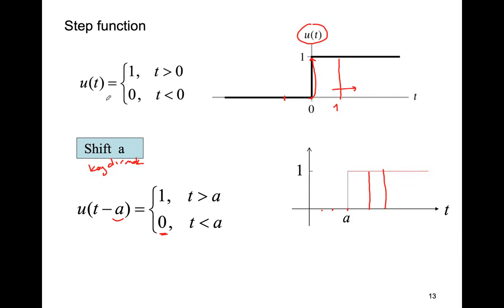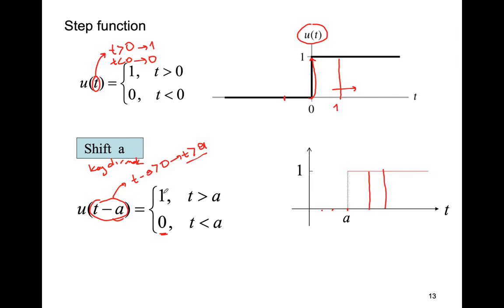Let me remind you one thing. For example, I will take this one and say t greater than 0, it will be 1, t less than 0, it will be 0. Similarly, I will take this one out and say t minus a greater than 0.